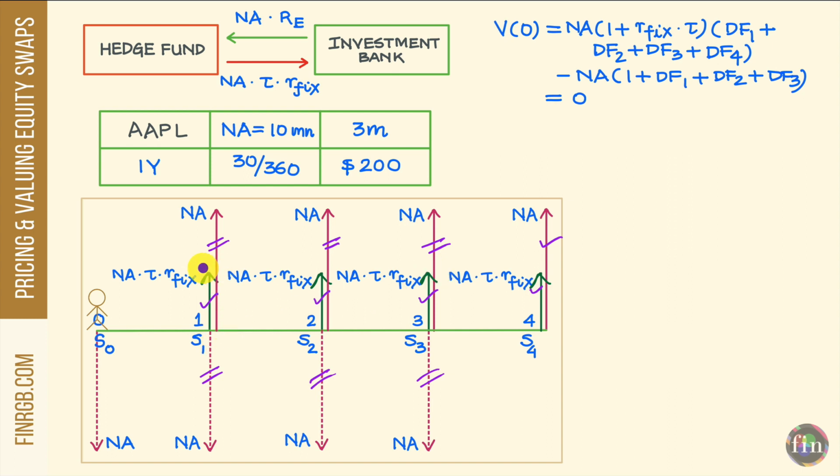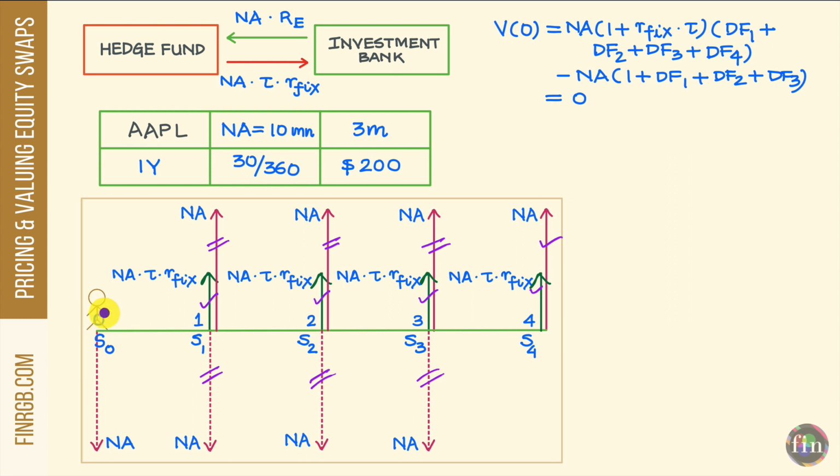Okay, after I do all these cancellations, what I am left with is that the value of my equity swap at this point in time is equal to the value of this long position in this hypothetical bond minus this planned investment into the shares of Apple as of today. These investments in the future have all cancelled out.